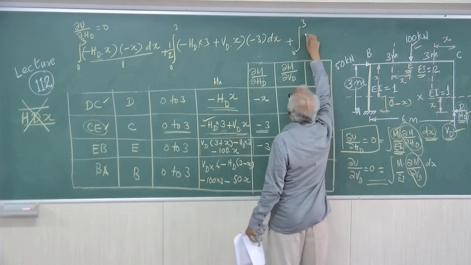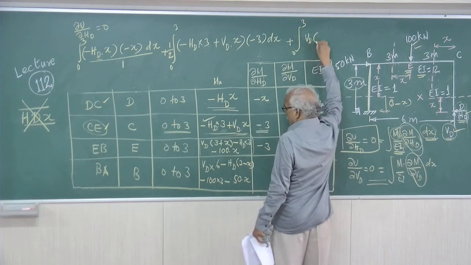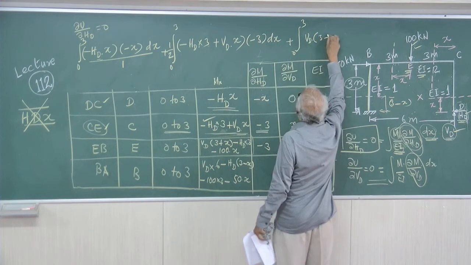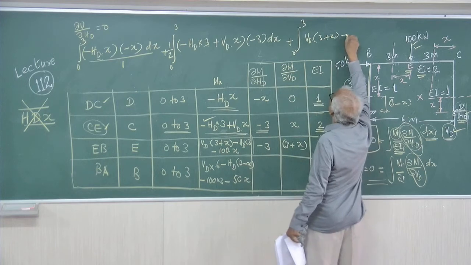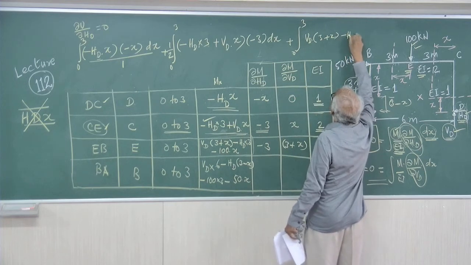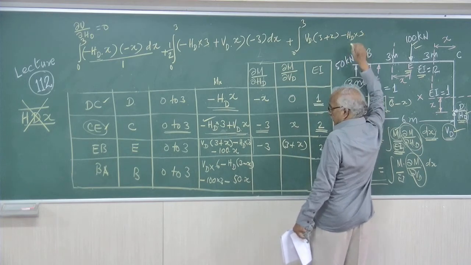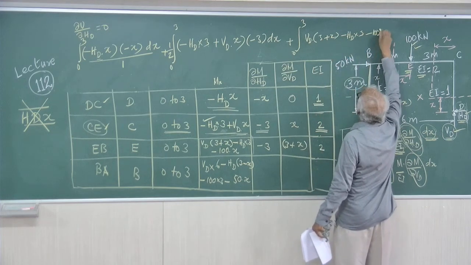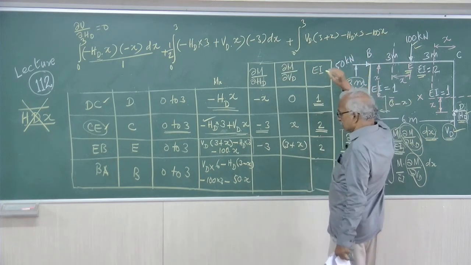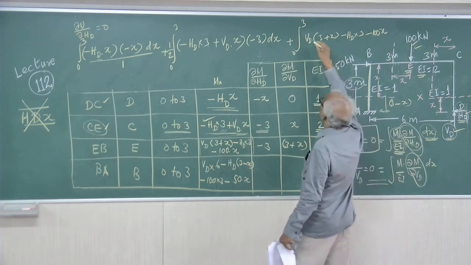Mx equal to Vd into 3 plus x, minus Hd into 3, minus 100 in dx. So that is the equation for Mx.